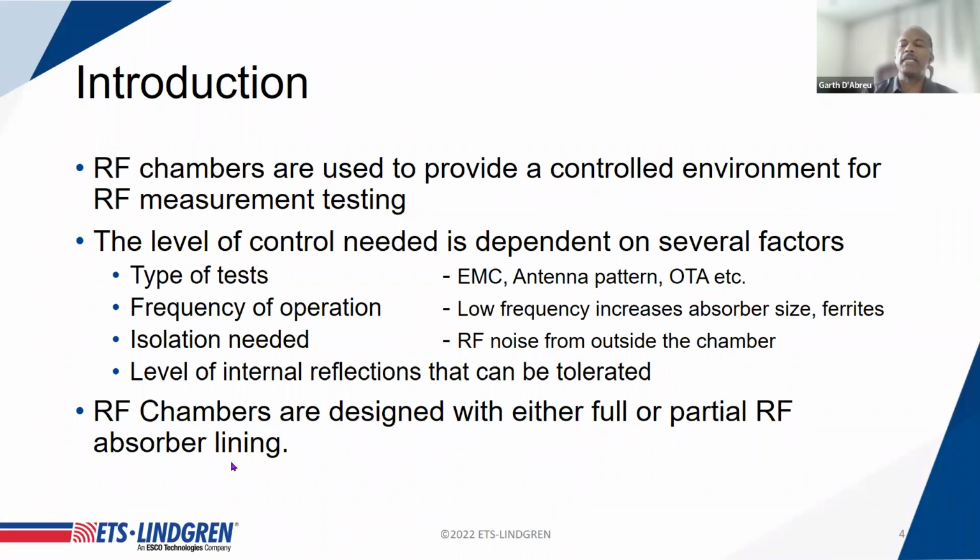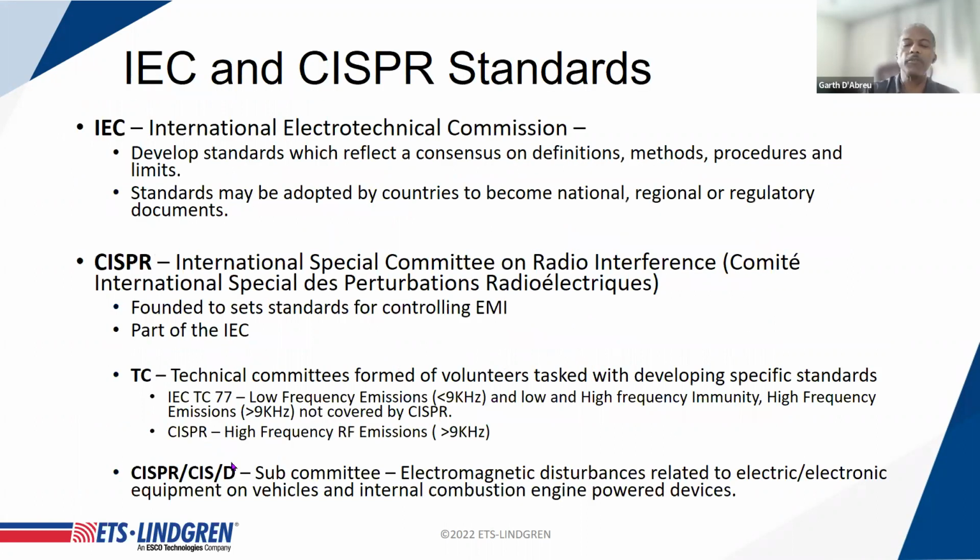What I mean by that is, in addition to an RF reflection-free environment, you can also have an environment where you want RF reflections, like in the use of reverberation chambers. We'll touch on that in one of the later slides. So all I'm saying here is that there are a lot of different designs that are possible for performing measurements in an RF environment, and how the facility is designed really depends on the type of test that's being done.